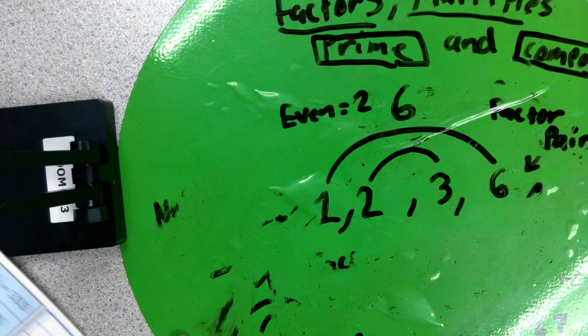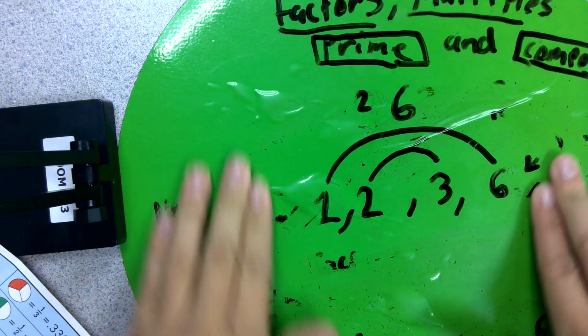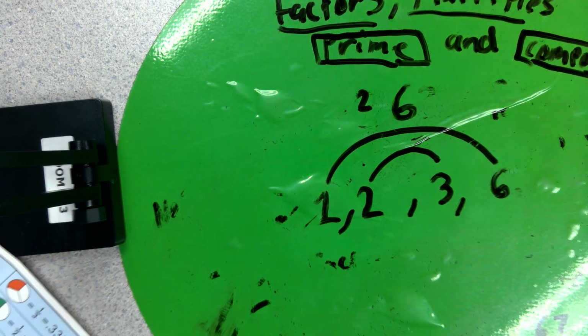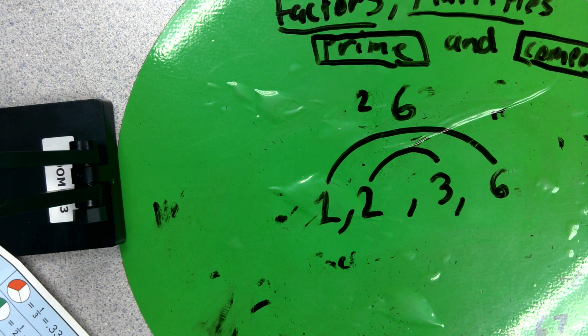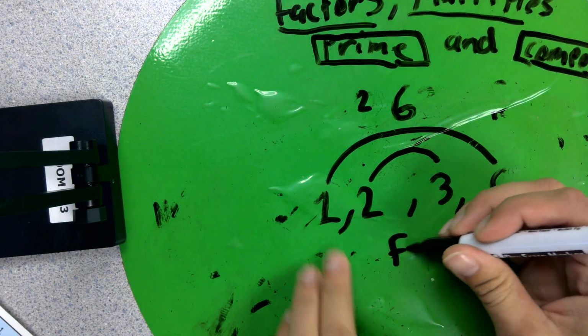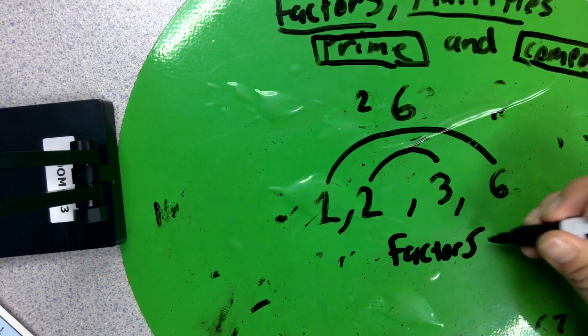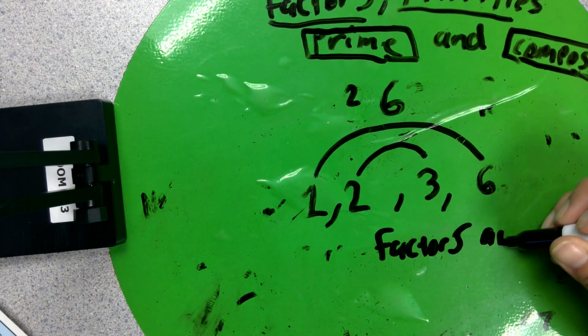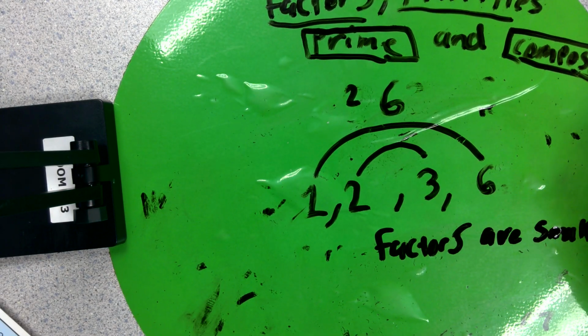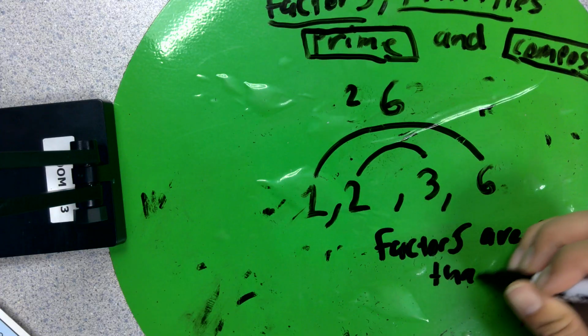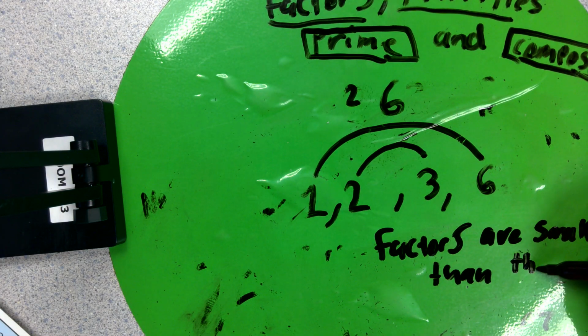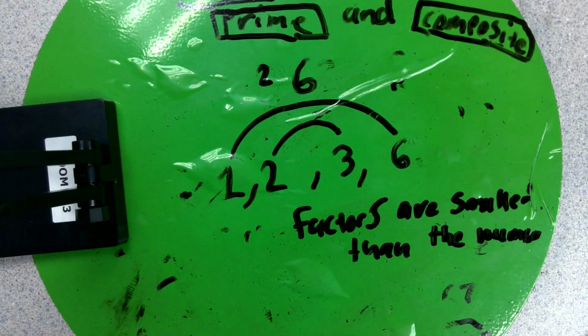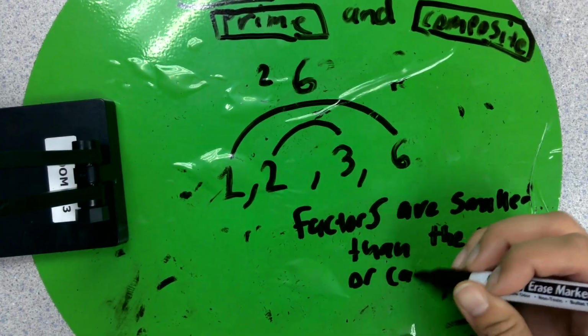So here we have factors of 6, and a key thing to remember is that when we have factors of a number, all factors are smaller than the number, or can be the number itself.